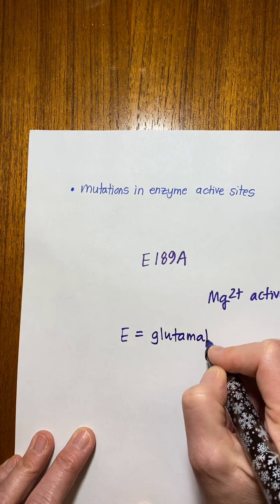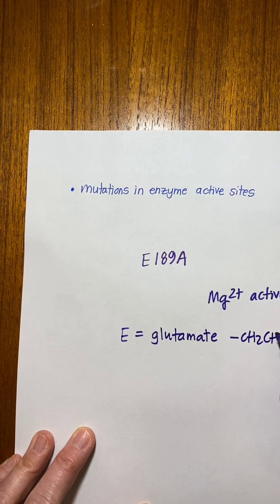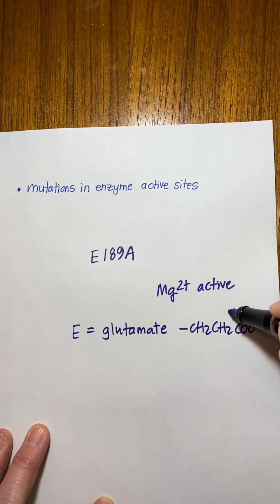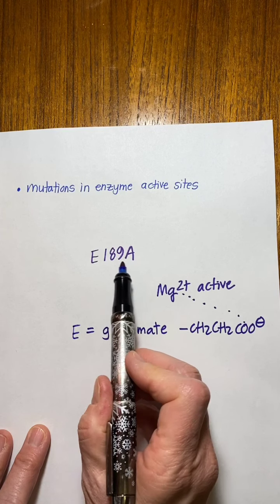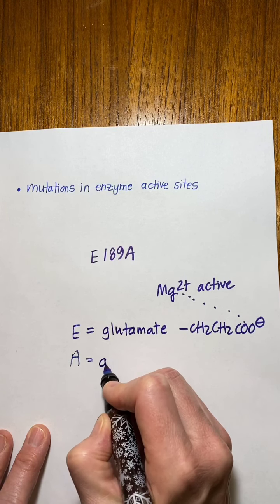You don't have to memorize any of this because you can look it up. The side chain for that was a carboxyl group. So it makes perfect sense that this would coordinately bond to a magnesium ion and help stabilize it in the active site. Well, what happens if you mutate that glutamate to an A? A stands for alanine.